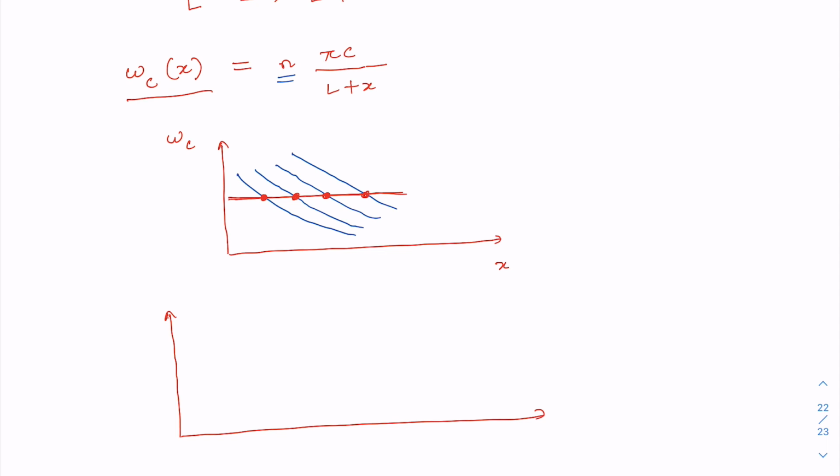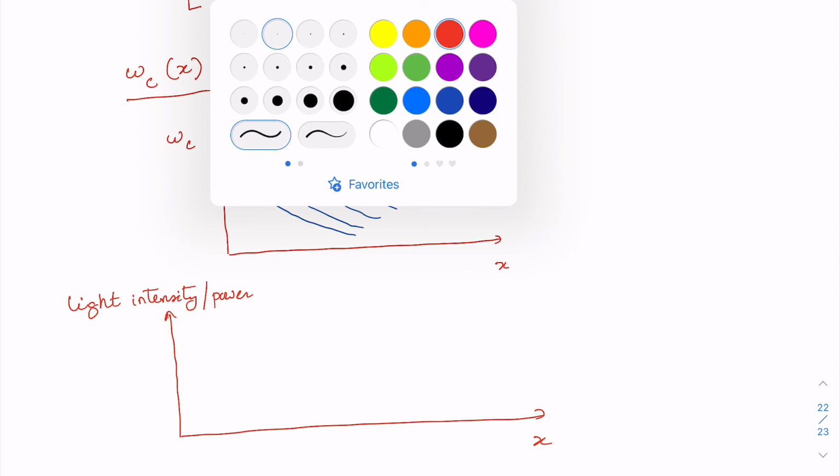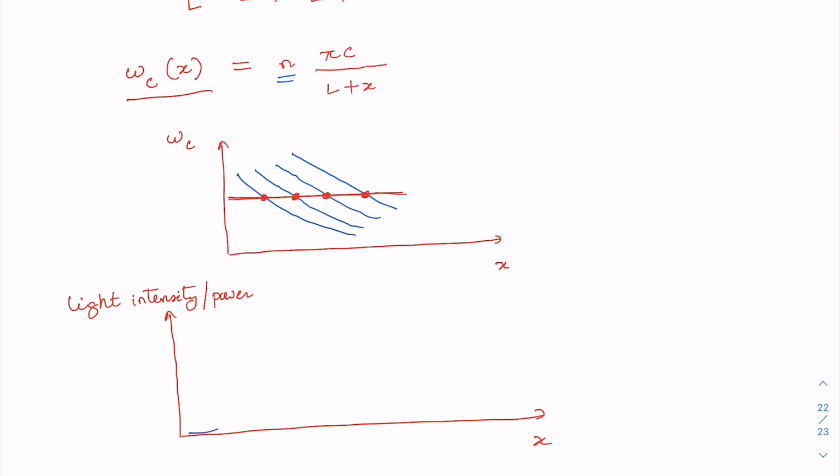So if I plot light intensity or light power on the y-axis, and here this is the displacement of the mirror, then we are going to have various resonance peaks separated equidistantly like this. It has very sharp spikes when the resonance condition is satisfied.